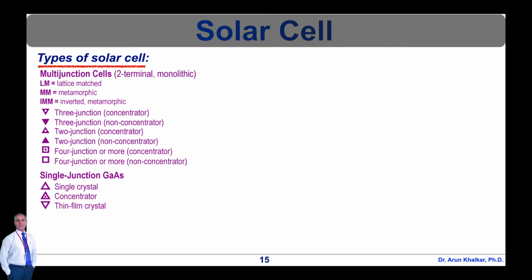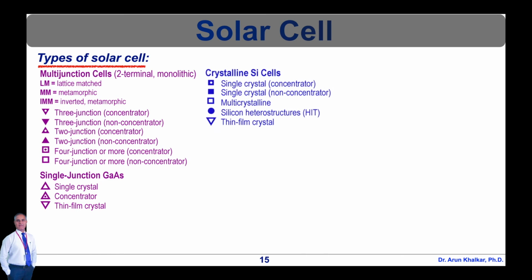Similarly, there is a single junction, for example gallium arsenide, in which single crystal, concentrated or thin film crystals are there. The next type is crystalline silicon solar cells, in which single crystal concentrated, single crystal non-concentrated, multicrystalline, silicon heterostructures and thin film crystals are there.